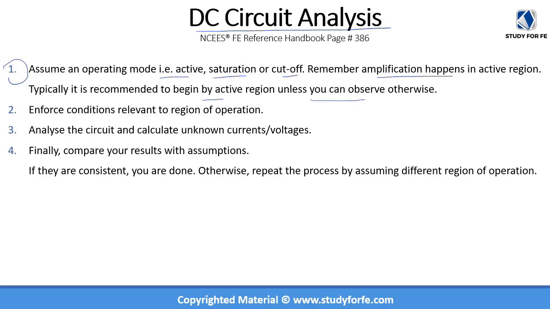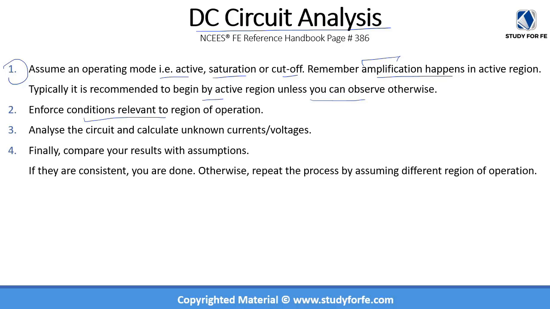Saturation is not that easy to just eyeball, because you really have to determine those voltages, right? So my advice is always to assume amplification mode unless you can tell right away, depending on biasing, that it is a cutoff. Then you enforce conditions which are relevant for the region of operation.